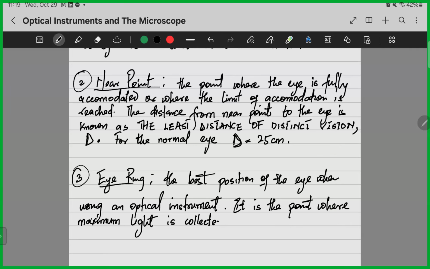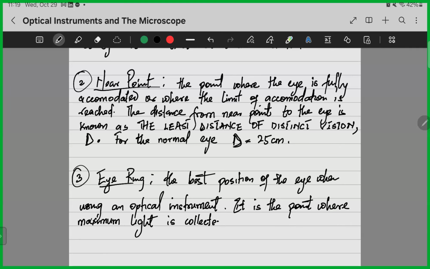They're trying to tell you that f is the combined focal length, and f1 and f2 are the individual focal lengths of the lenses that are being combined.